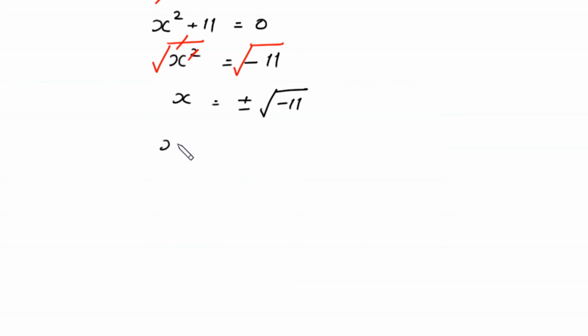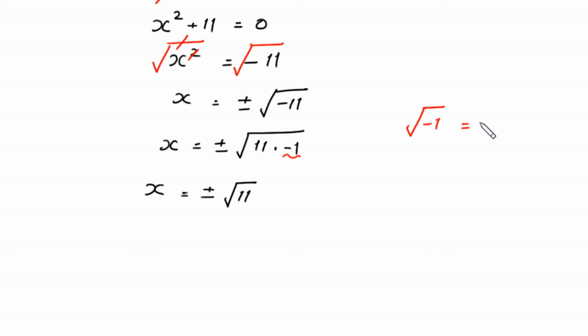Next, x is equal to plus or minus square root of, we can write this negative 11 as 11 times negative 1, and x is equal to plus or minus square root of 11 times square root of negative 1. The square root of negative 1 is equal to i. So we replace this square root of negative 1 with i.